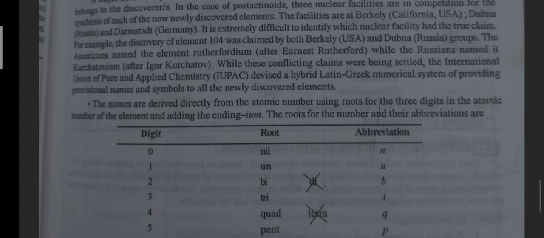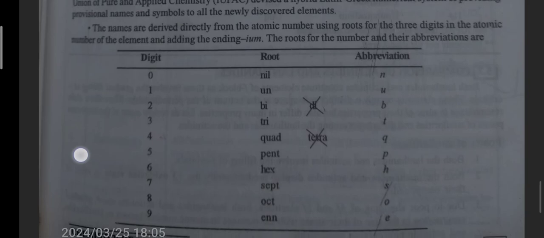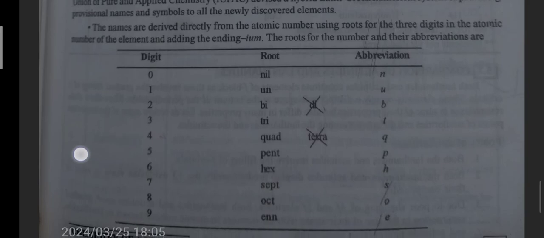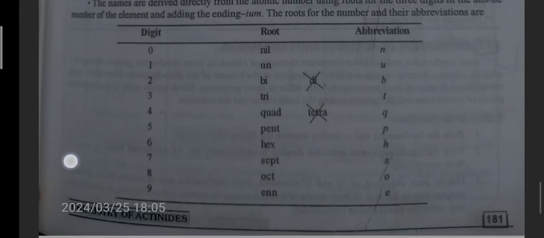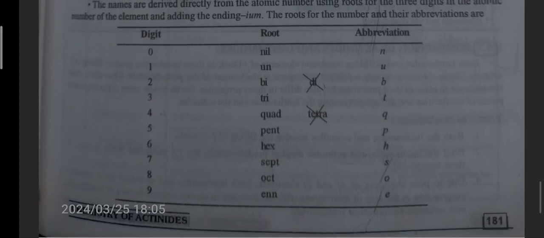While these conflicting claims were being settled, the International Union of Pure and Applied Chemistry devised a hybrid Latin-Greek numerical system of providing provisional names and symbols to all the newly discovered elements. The names are derived directly from the atomic number, using roots for the three digits in the atomic number of the element and adding the ending -ium. The roots of the numbers and their abbreviations are given in the table.